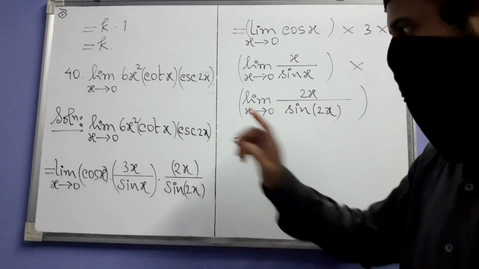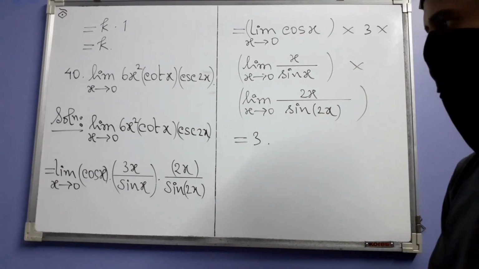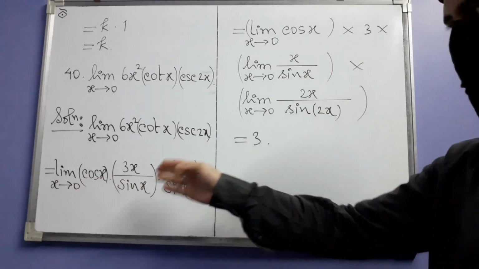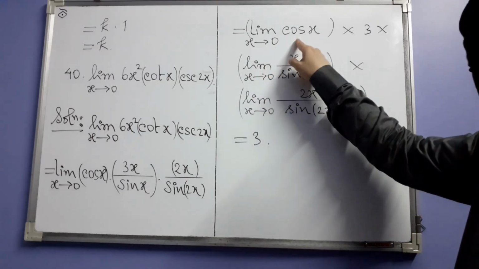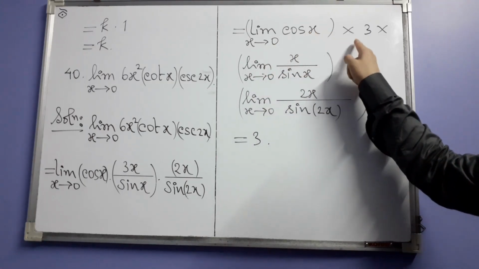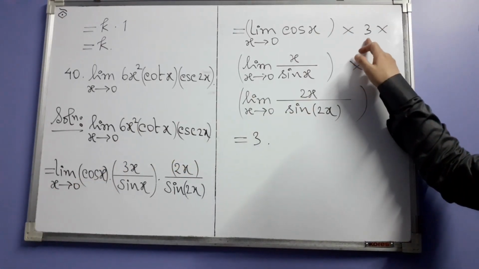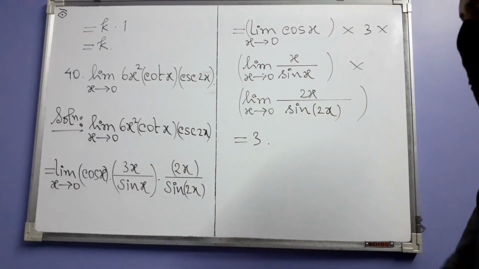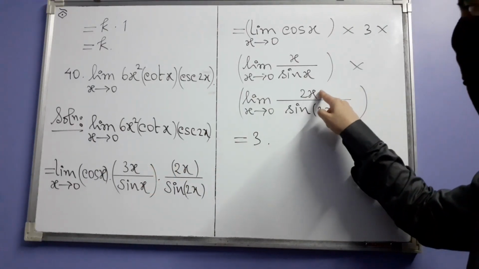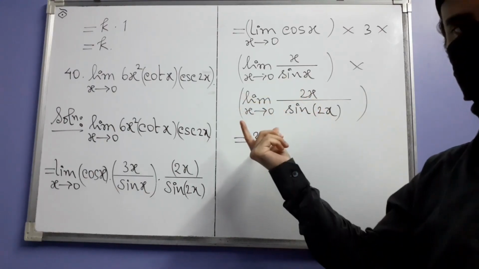And cosecant of 2x is 1 divided by sin 2x, and then the limit gets distributed over these individual parts. So that's how we get limit of cos x times, this 3 of course comes outside because it's constant, times limit of x divided by sin x times limit of 2x divided by sin 2x. Don't take this 2 outside because here we need it.